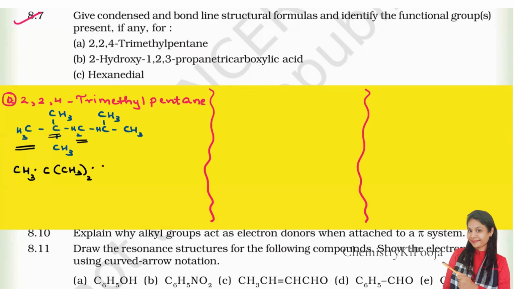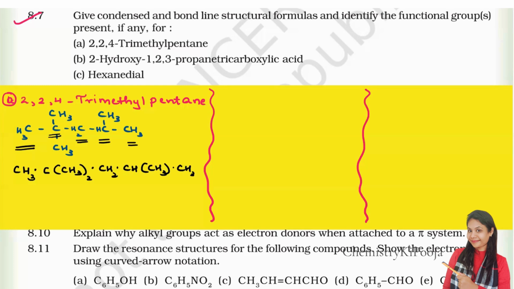Then this carbon, CH2. Then we have CH, and next to the CH, we have CH3. And then lastly, we have CH3. So basically, whatever is in the chain, we write it down that. And the one which is present at the top and below the carbon atom, we are going to write it down in the bracket. Okay, never put that in the chain.